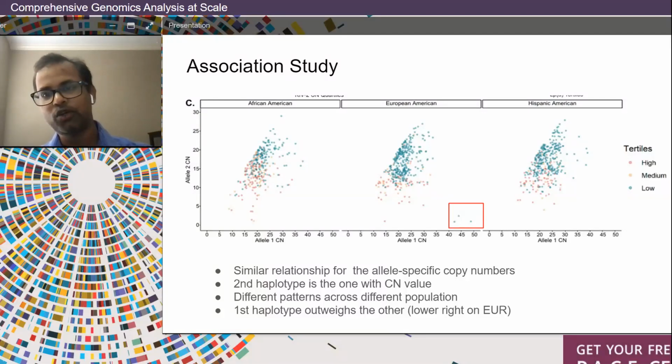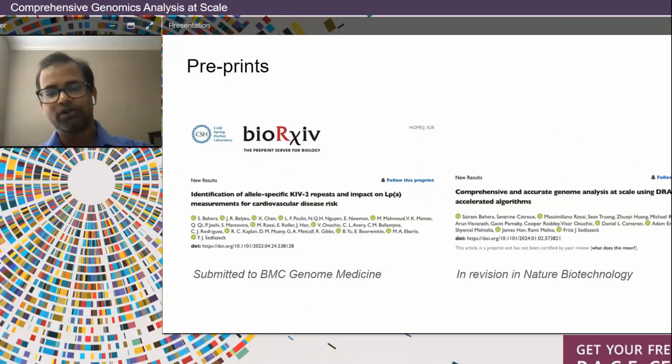So you could see in the European American, in this little right box, the allele 1 copy number is associated with low LPA concentration, where allele 2 is pretty low, which is a very interesting result. So this basically shows why the allele-specific copy number is also important in some of the association studies for LPA.